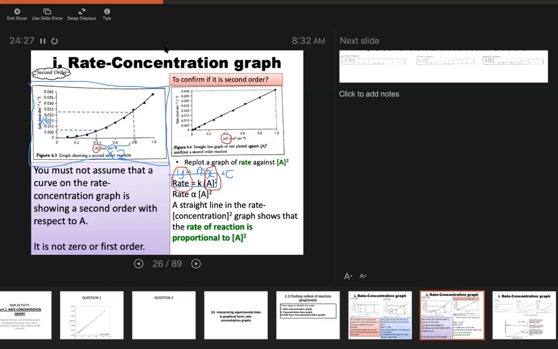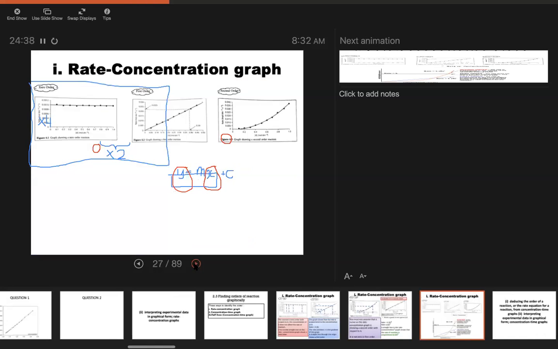Right. Now, don't worry about this second graph. The most important thing is the graph on the left. Please make sure you are aware of that. This is just to show the zero, first and second order next to each other. You can see that they are very different. I will not go through it again.